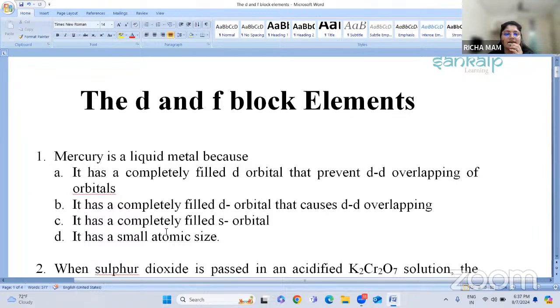C, it has a completely filled s orbital. And D, it has a small atomic size. Yes, what is your answer? What is mercury, where does it belong? What is the atomic number? Any idea about mercury and the state of this particular metal?